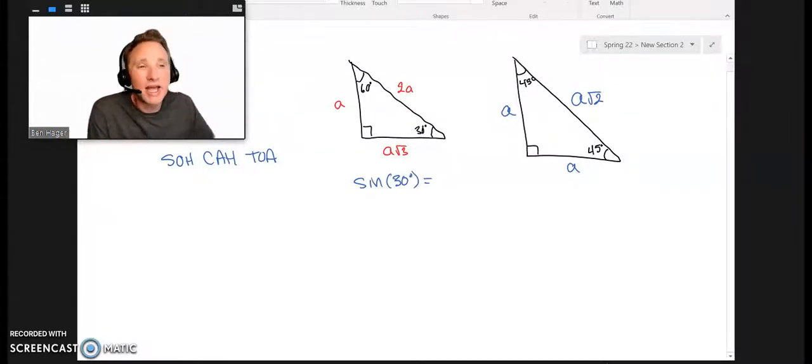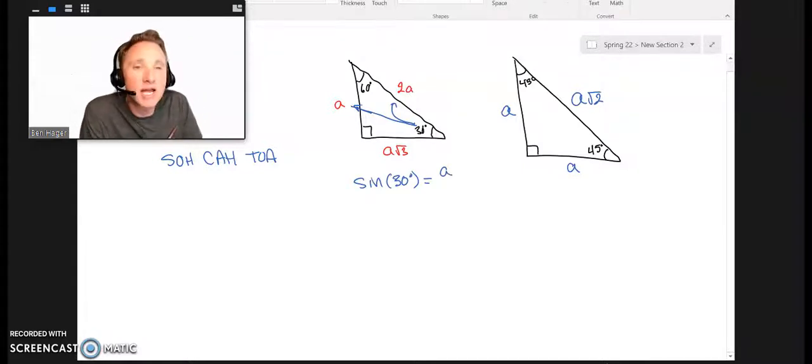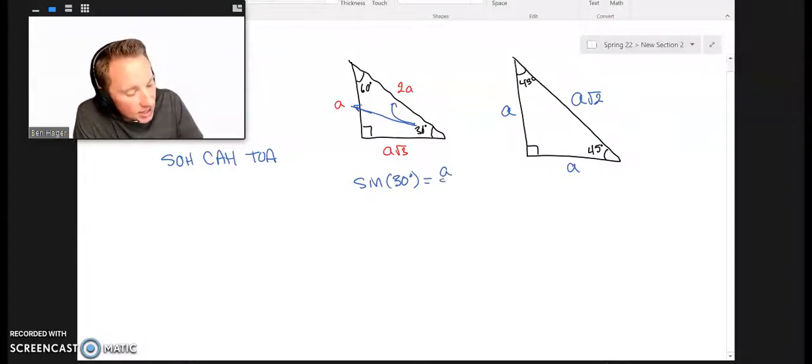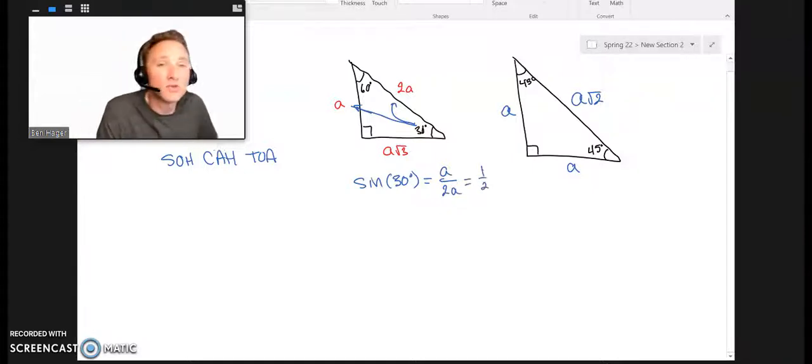Well, I can use this diagram I already have built here with my special right triangle. Sine is opposite over hypotenuse, right? And so the side opposite 30 degrees is A, and the hypotenuse is 2A. The A's would cancel, and this would reduce to 1/2. Sine of 30 is 1/2.